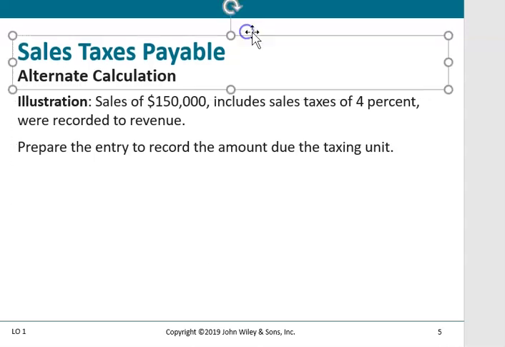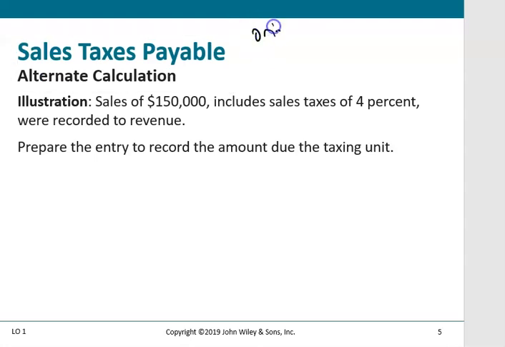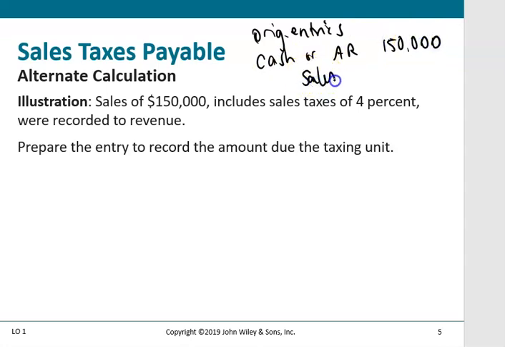So the original entry, or entries, every time a sale took place, the company would debit either cash or accounts receivable, and that ended up totaling $150,000 across the period, and credit sales revenue.